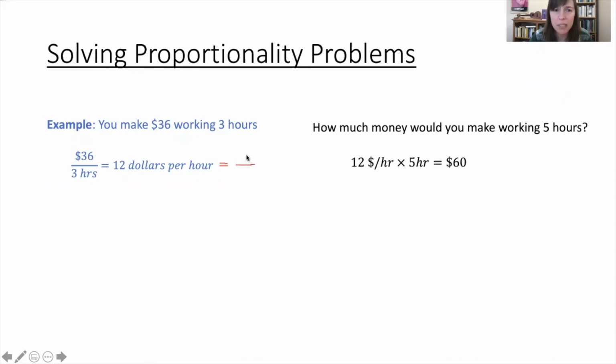Here, our B we don't know, and our A is 5 hours. And so that's another way to know that you need to multiply by 5: this is our constant of proportionality, set it equal to our proportion, and then solve for the part we don't know, which was the amount of money you make.